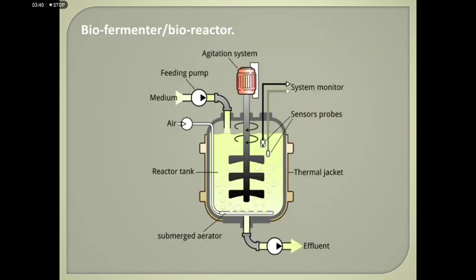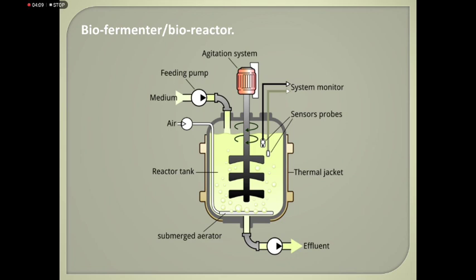Here we can see a biofermenter or a bioreactor, and the agitation system, which means the impeller. The impeller agitation system is controlled by the motor. Then the feeding pump: through the feeding pump, the medium containing all the nutrients etc. is provided. Then aeration. Proper aeration means aerobic bacteria require proper oxygen.